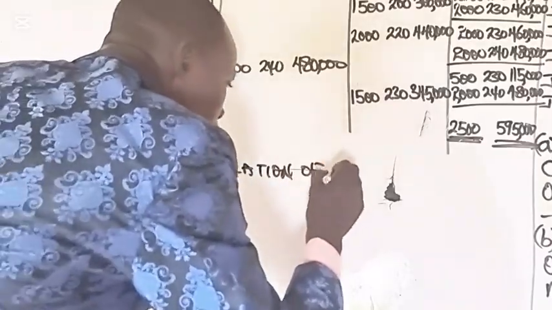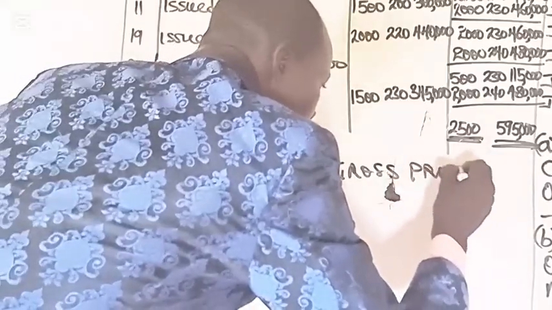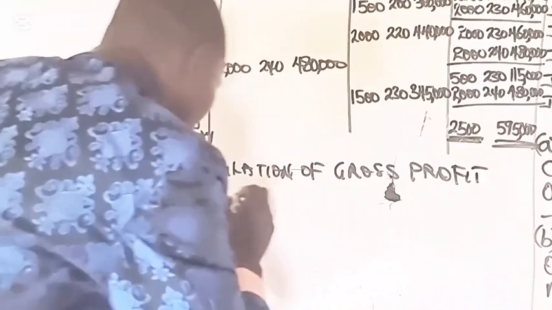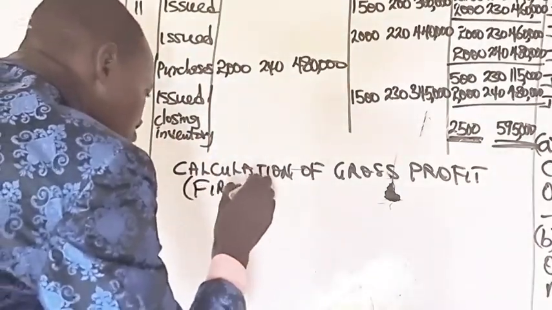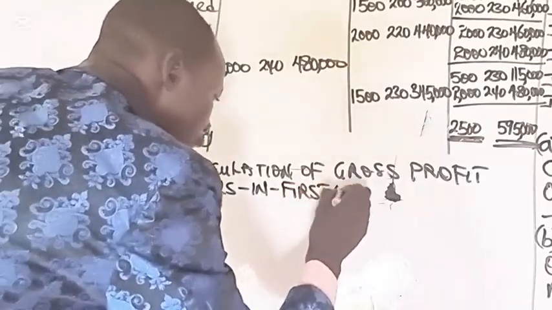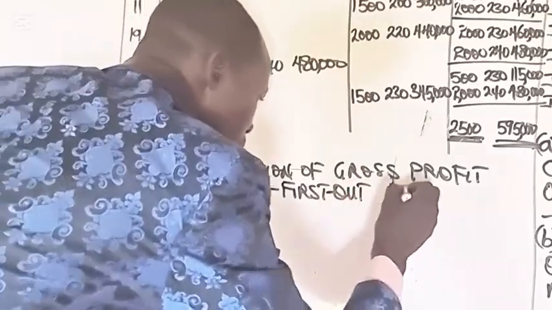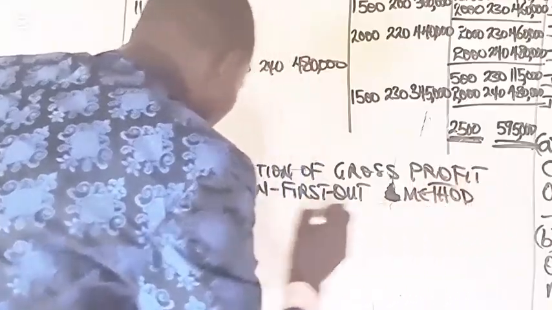So you are still using the first in, first out method. First in, first out method.